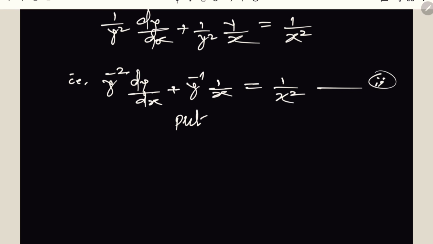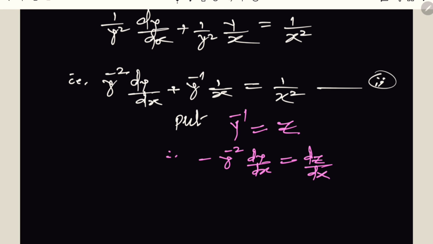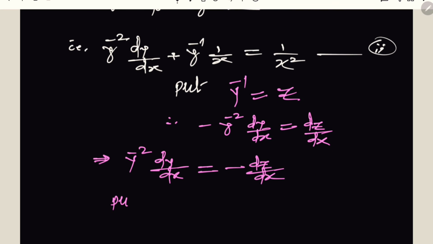Then we put y raised to minus 1 as a new dependent variable z. Differentiating it with respect to x, we get minus y raised to minus 2 into dy by dx is equal to dz by dx. Transferring that minus sign, y raised to minus 2 into dy by dx is minus dz by dx.